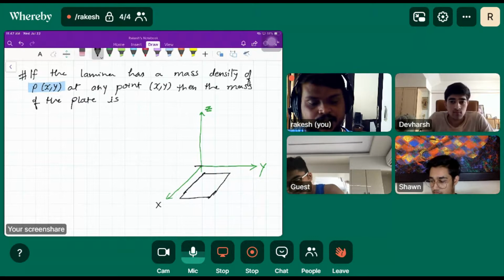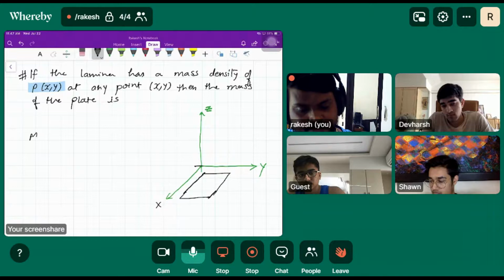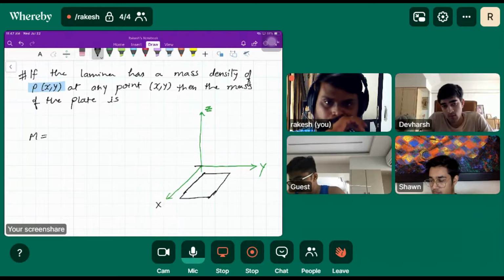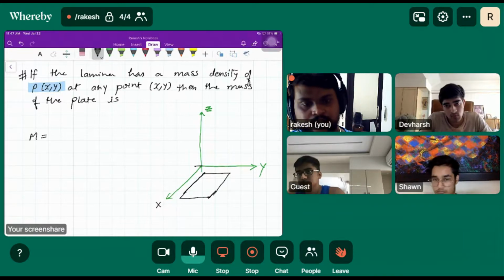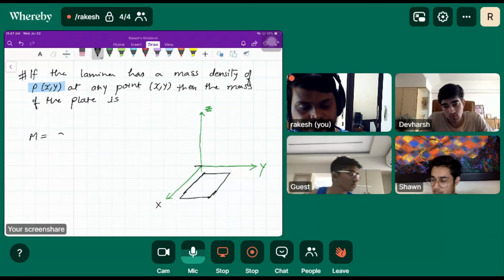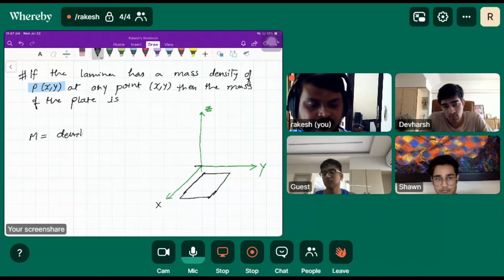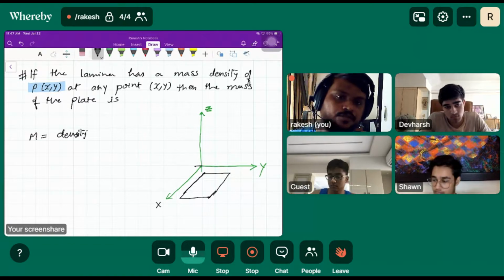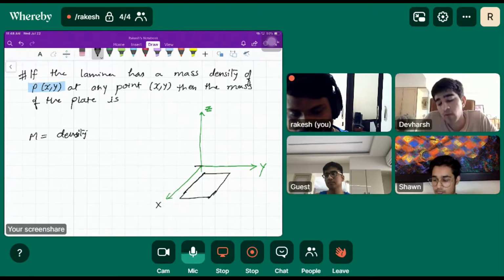So basically, if I ask you, what is mass? Mass is basically density into what? Mass density into volume.